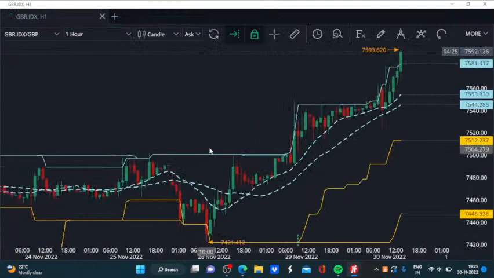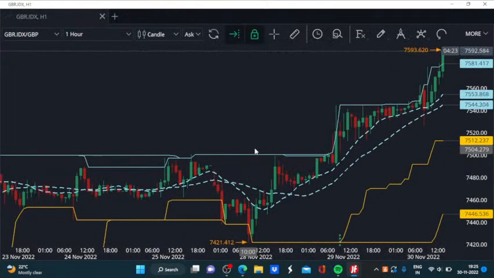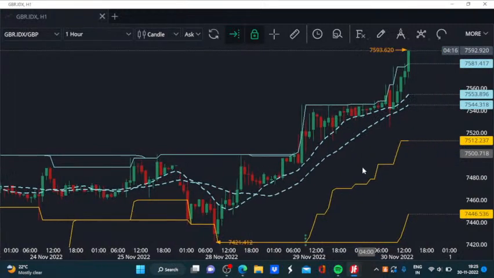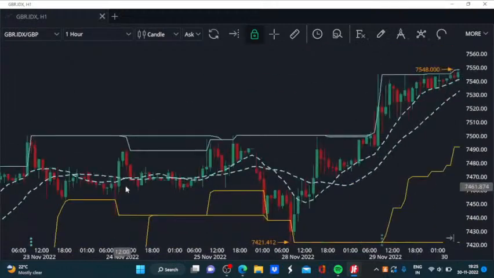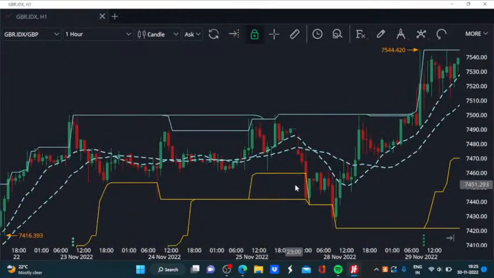So we have a scenario where there is a divergence between these two countries' equity indices. For the US, things are looking bearish, but for the UK, things are looking bullish after this consolidation.